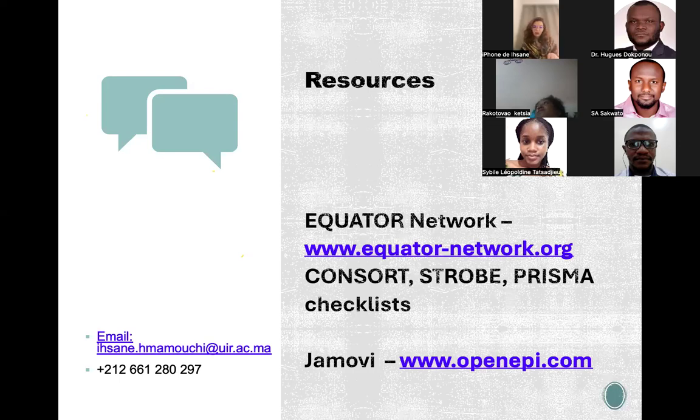And then we have two cases. If the protocol is not registered, then it's okay. But if it's already registered, you need to ask yourself two questions. If there is an update between the time of the registration of this systematic review and your own project, you could run your own systematic review. If there is no novelty, then I will advise you to maybe change your question and not run another systematic review on the same topic.